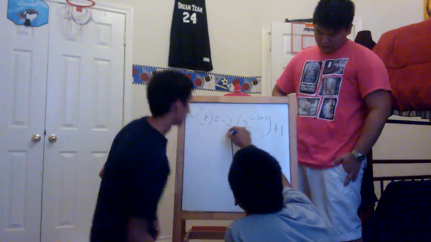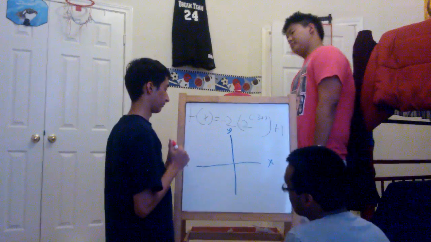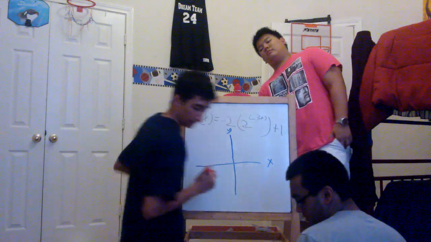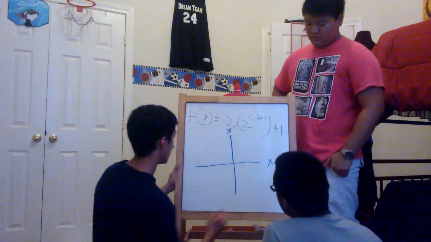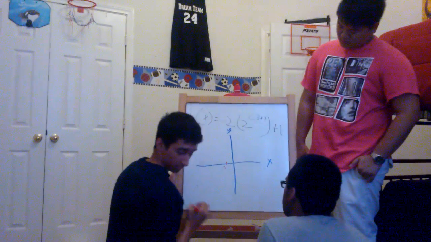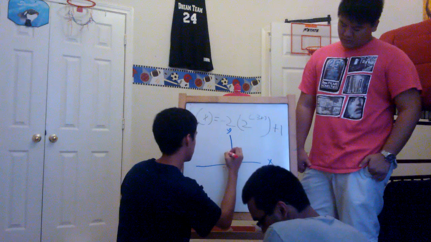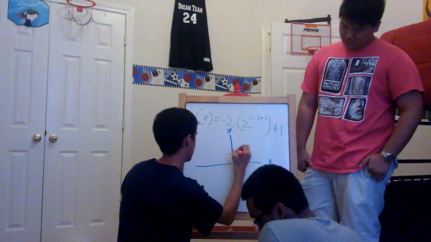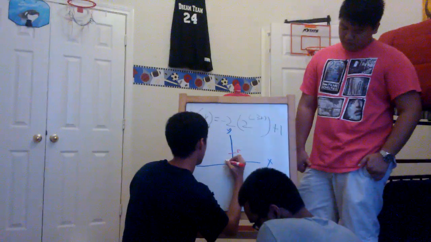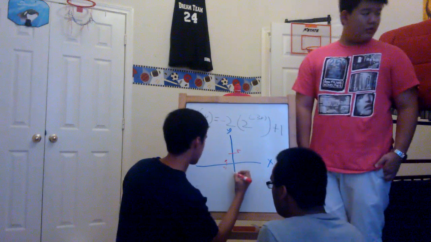You got your y-axis, you got your x-axis, and you can select the points. First point will be at -1, 75. Second point will be at 0, -1.